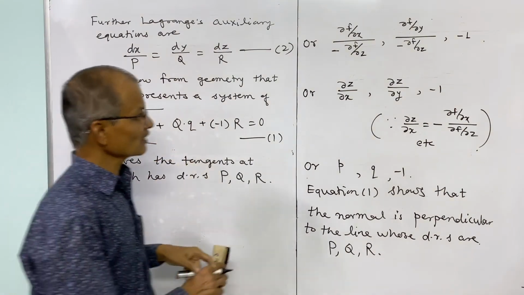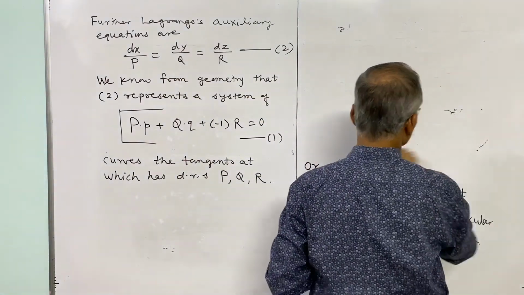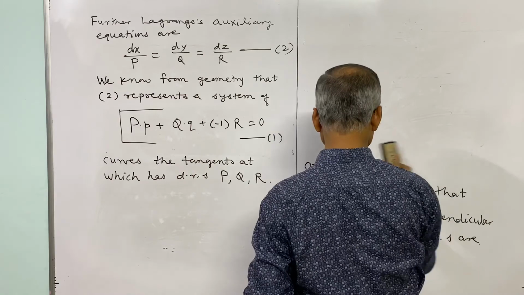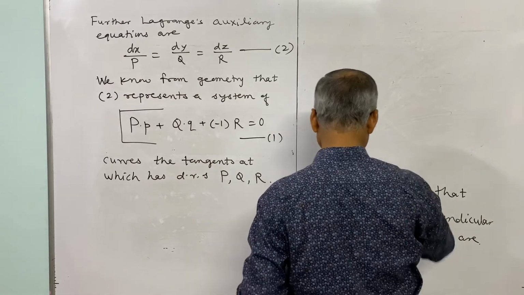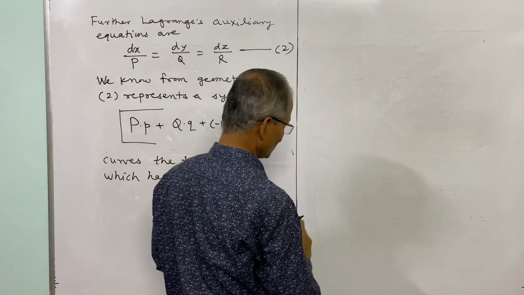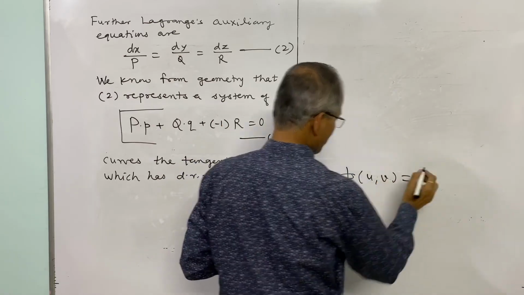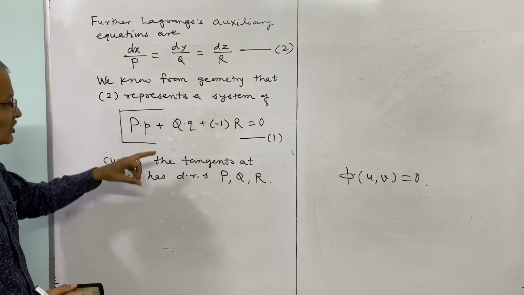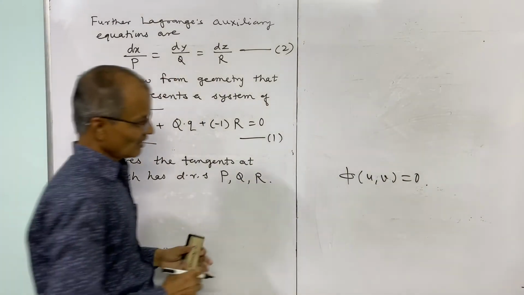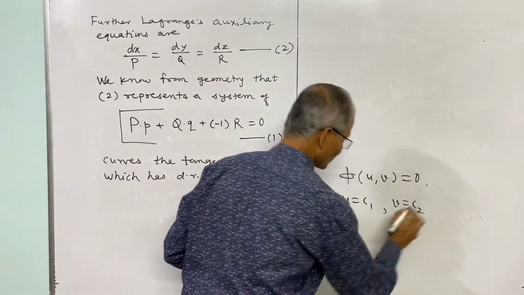Now we have studied earlier the solution of equation 1. The solution of equation 1 we have as phi of u and v is equal to 0, and equation 2 gives the curves u is equal to c1 and v is equal to c2.